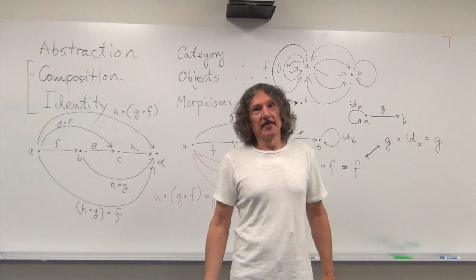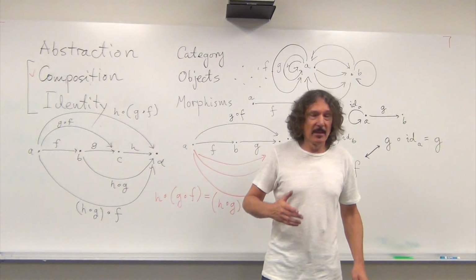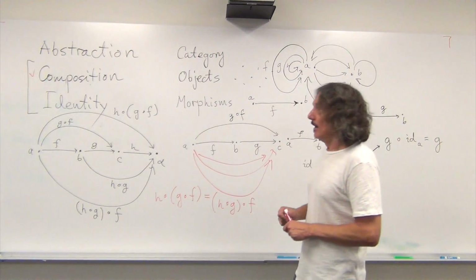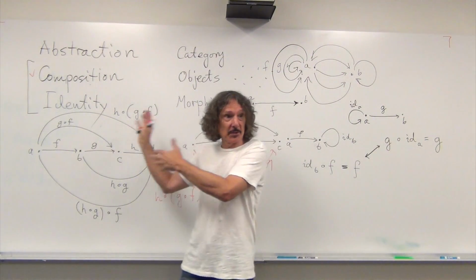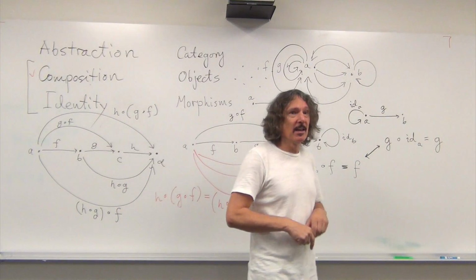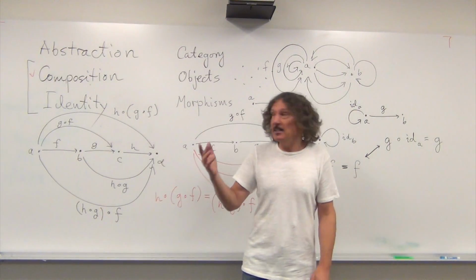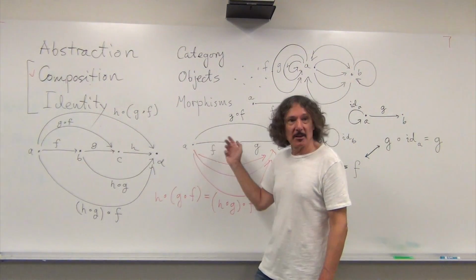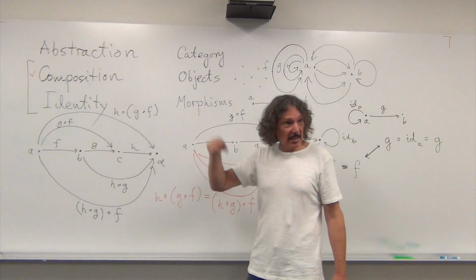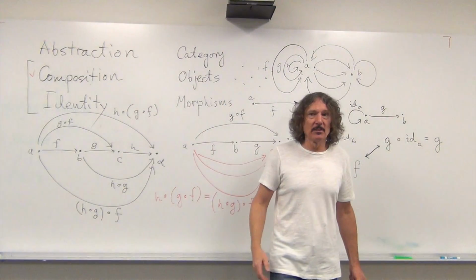Because a group is a monoid that also has an inverse, right? So there are two ways in which you can impose further conditions on this, and you can say, what if every arrow has an inverse? You can define an inverse. You say, if arrows F and G compose to an identity, then one is an inverse of the other. That's the definition of an inverse, right?